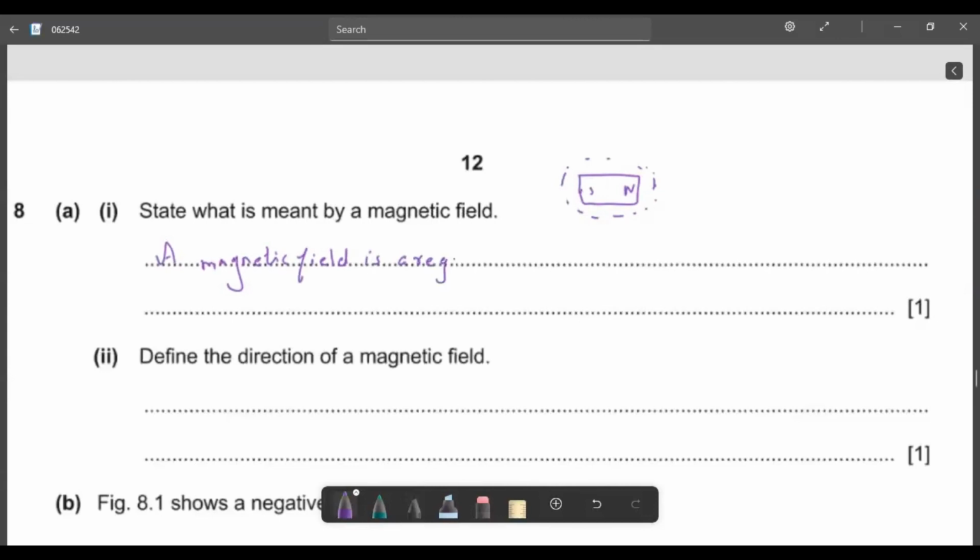A magnetic field is a region in space where magnetic forces are present, due to the presence of magnets or magnetic materials or moving electric charge.